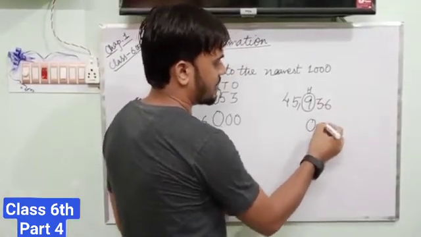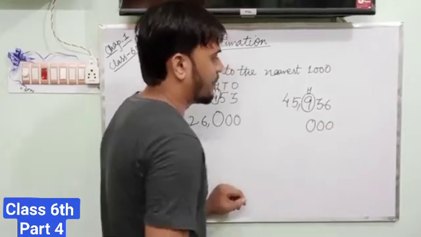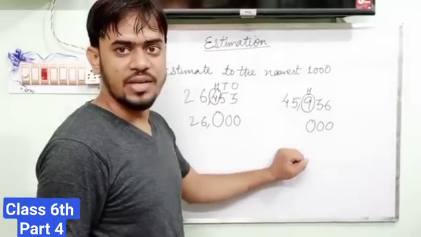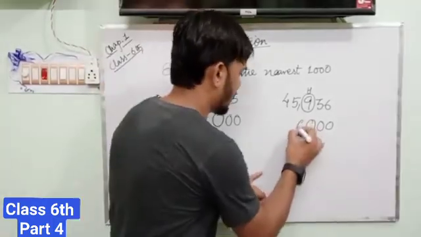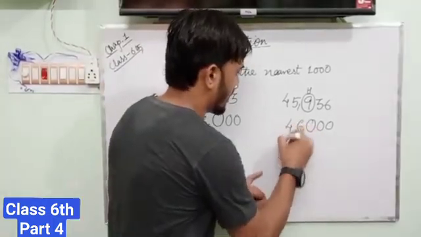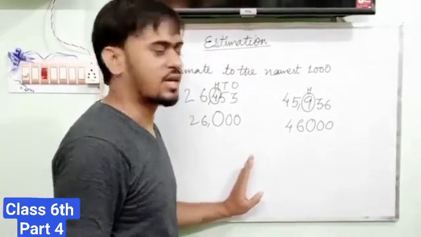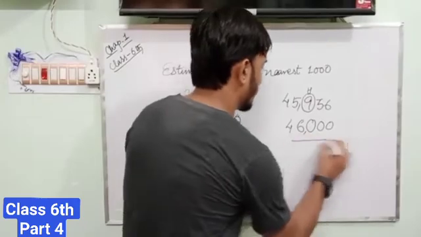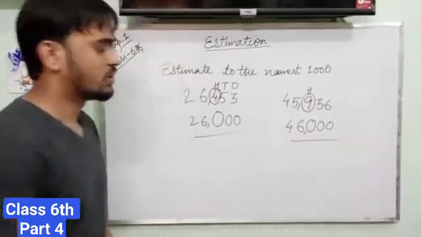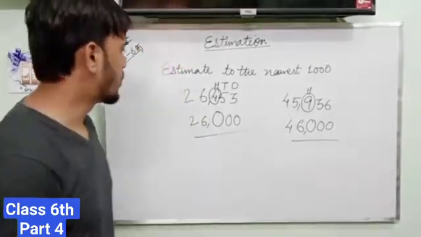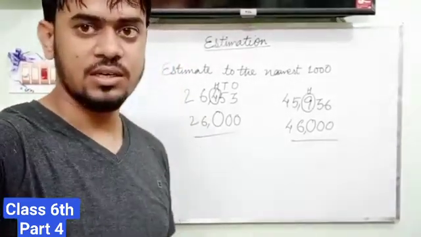Ones place and tens place will also be 0, but your thousands place will be increased by 1, and the other digits remain the same. So this is your estimation class. I hope you understood the estimation class.